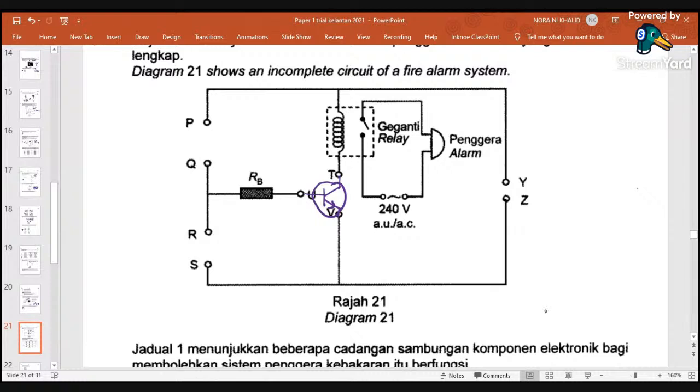Okay. There must be a battery. And then there must be a thermistor, and one resistor must be placed here.